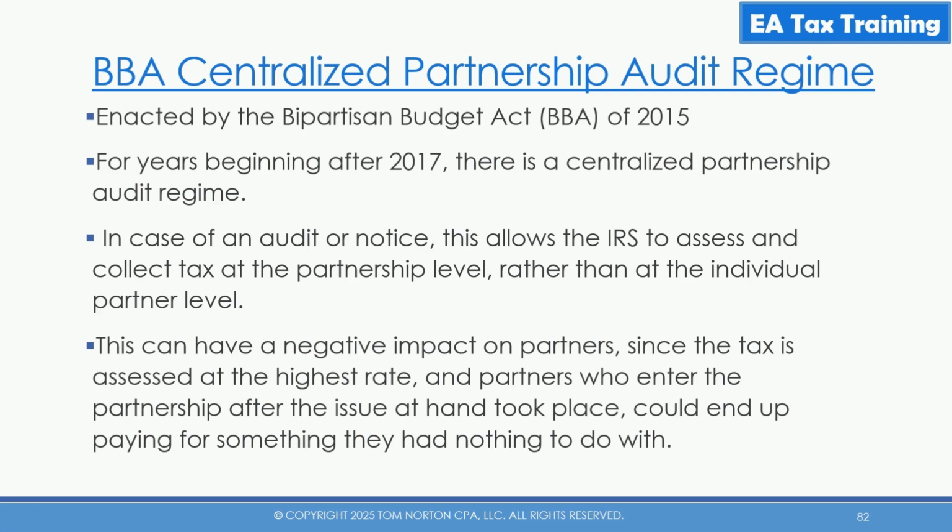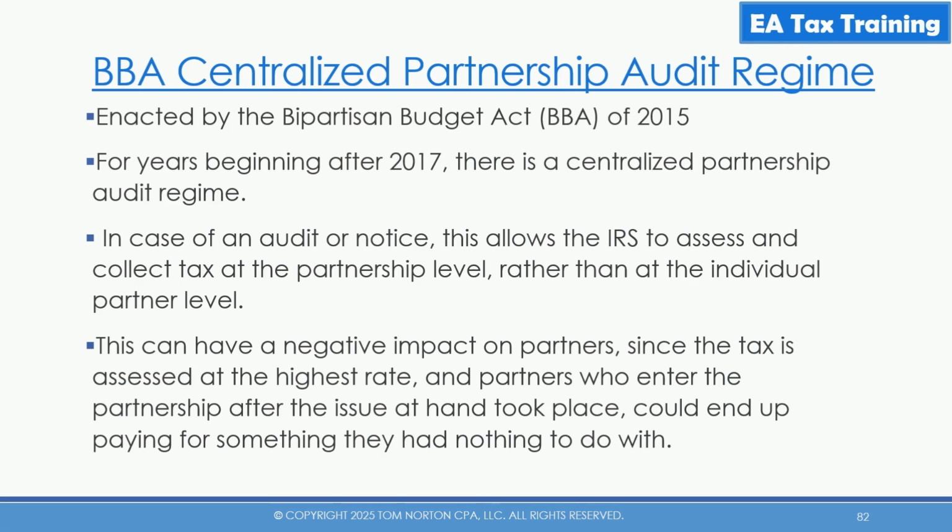So think about this. The IRS does an audit and they find that the partnership owes money. Without this in place, and before this was in place, what the IRS has to do is go to each individual partner and say, okay, you owe this much money. So you're a 1% partner in this partnership. You owe 1% of this amount due. And they have to send a bill to every partner.